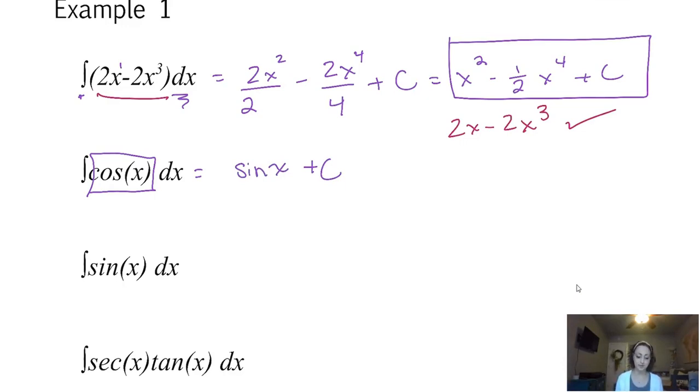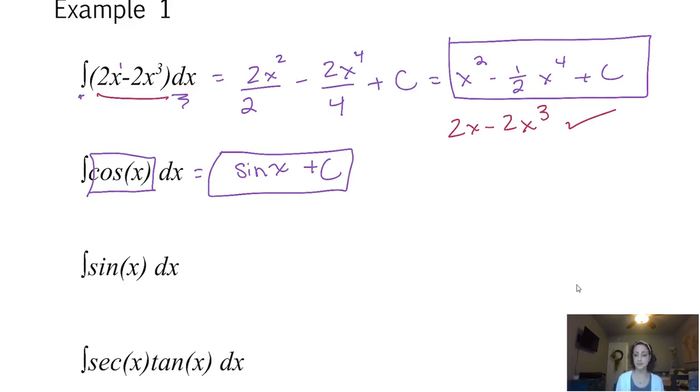Well, let's go the other way around. What is the derivative of sine of x? The derivative of sine is cosine, right? So I'm good. I'm done. I've got it. You can take a look at your reference sheet as well. If you look at where the derivative is cosine x, your original function was positive sine, okay?